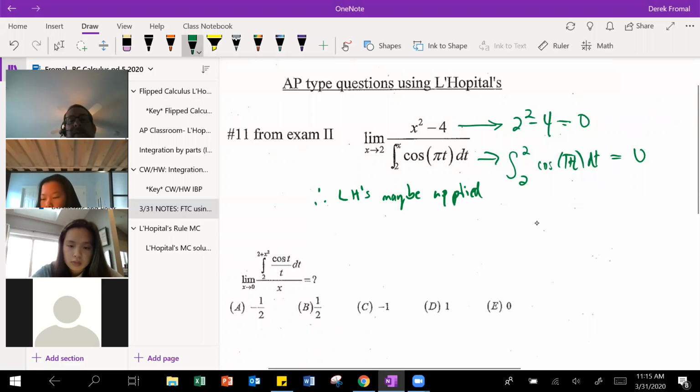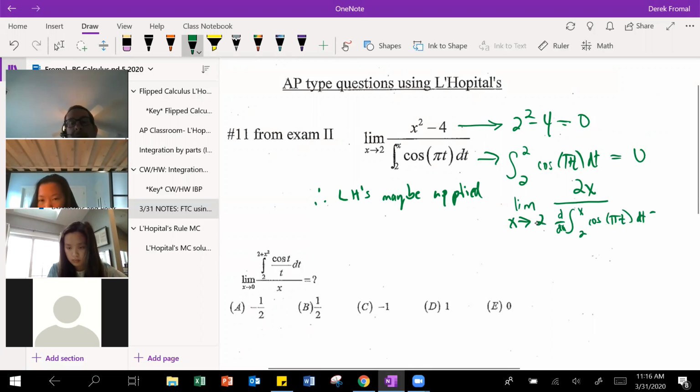So that means I'm going to take the derivative of the top, and the derivative of the top would be 2x, over the derivative of the bottom. Well, I have to think about what the derivative of an integral is going to equal.